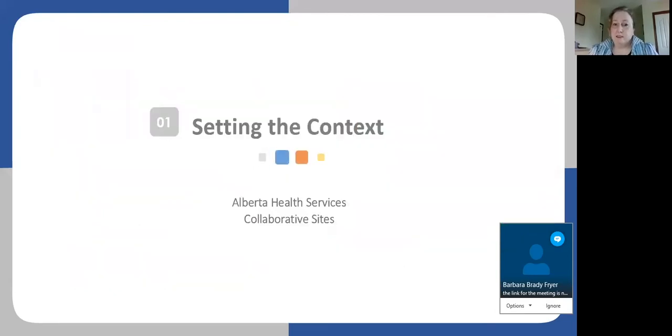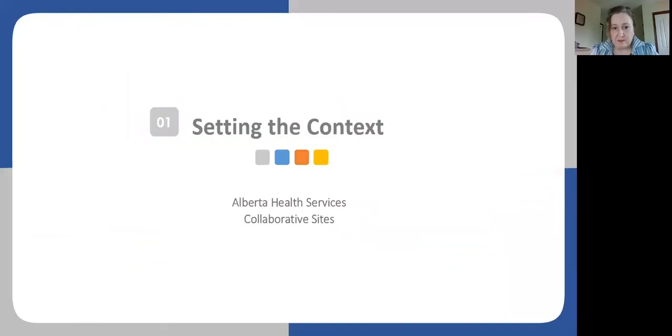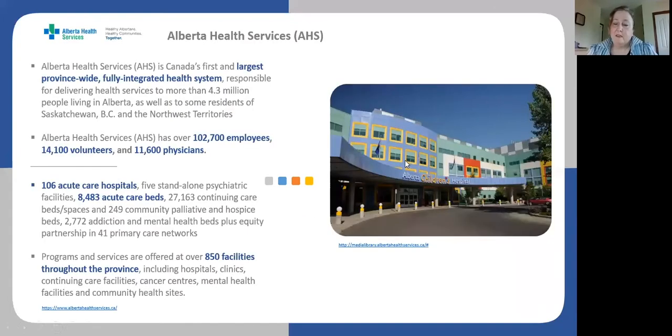Setting the context. So about the organization, Alberta Health Services and collaborative sites is the initiative that I'm going to talk about. Alberta Health Services went through a major transformation 10 years ago.